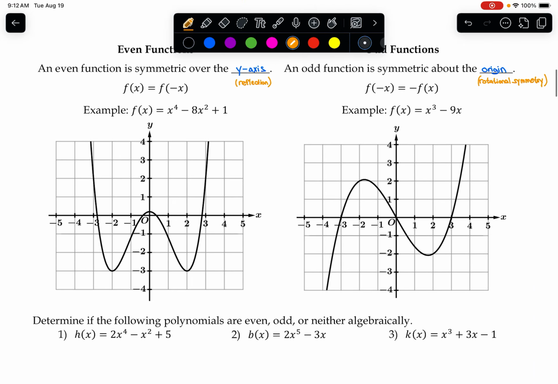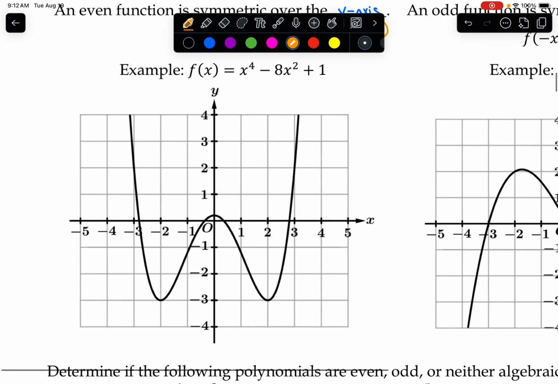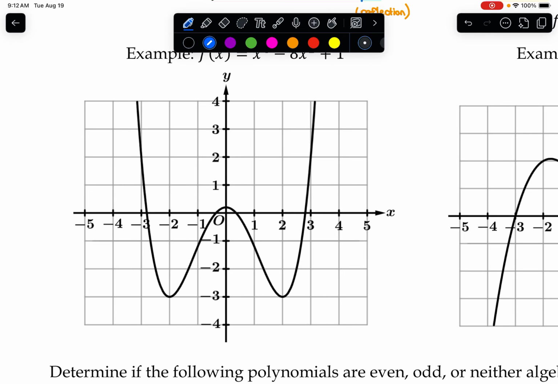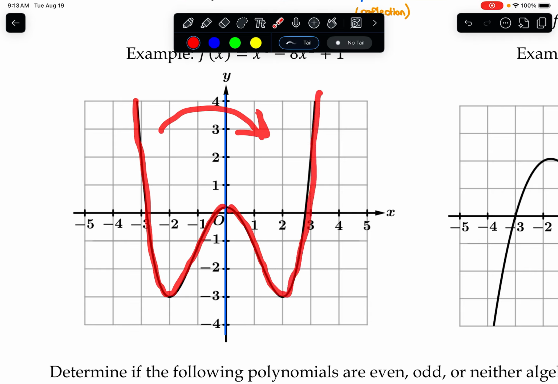So if I look down here, I'm going to start with the even function. If I just draw a vertical line at the y-axis, we're going to have the exact same behavior on both sides of the y-axis. If I were to take just this left side and reflect it over the y-axis, I would get the exact same thing.